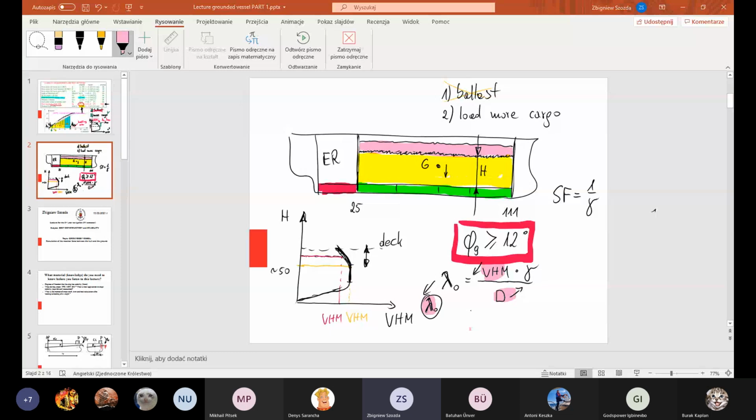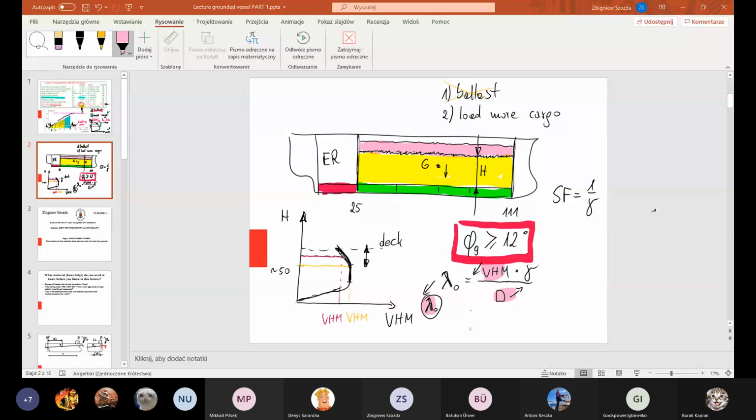Yes, sir. I have a question. Our VHM decreases and our displacement increases, but to obtain a lower L0, we should have a more significant change in VHM. Because VHM decreases, but displacement increases, but VHM is more significant here.